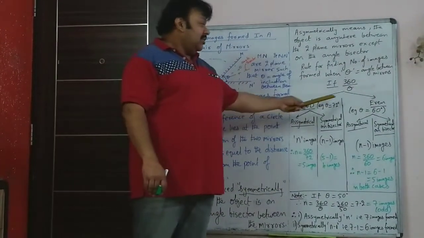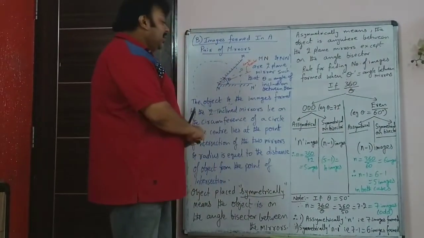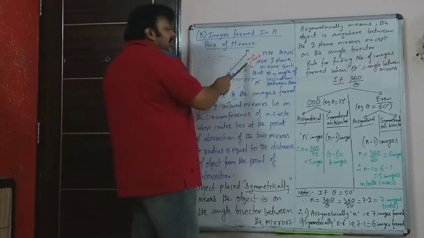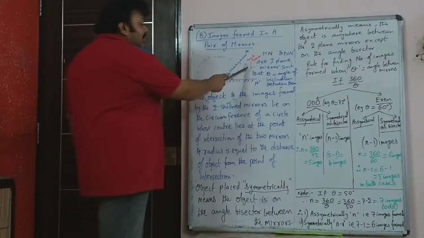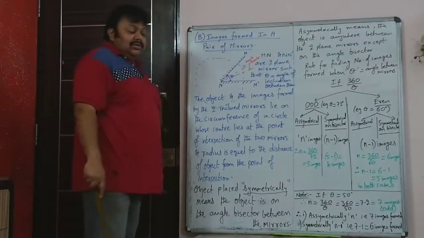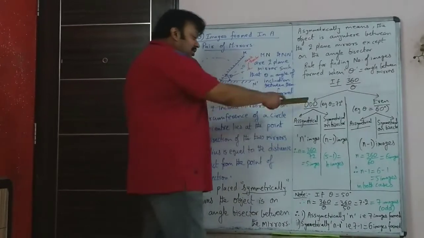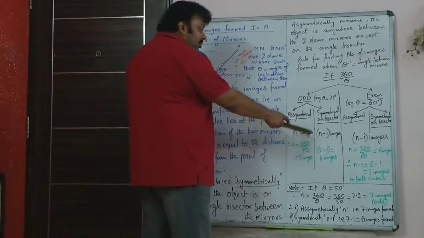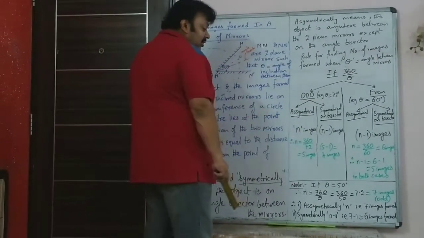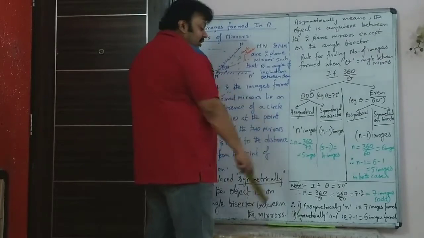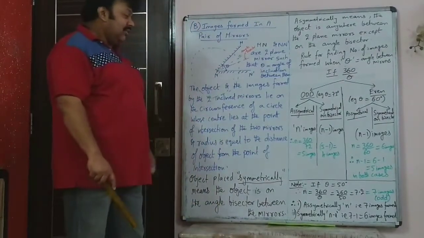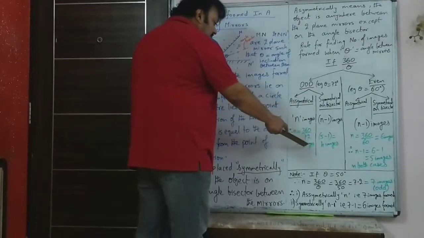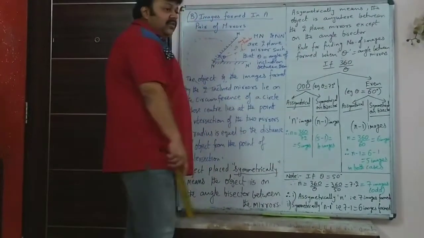If it is an odd number, first you will have to see whether the object is asymmetrically placed or on the angle bisector, that is symmetrically placed. If it is odd and asymmetrical, then the number of images will remain 360 upon theta, that is 360 upon 72, or 5 images. There is no reduction in the number of images.